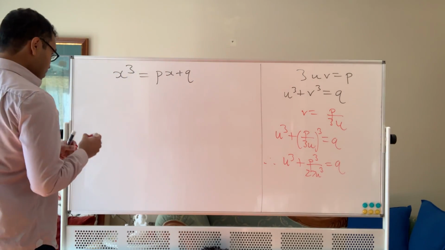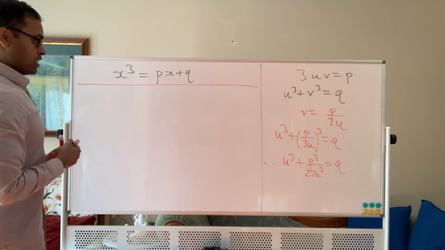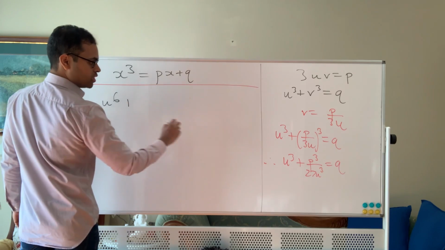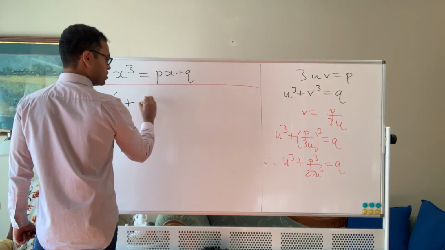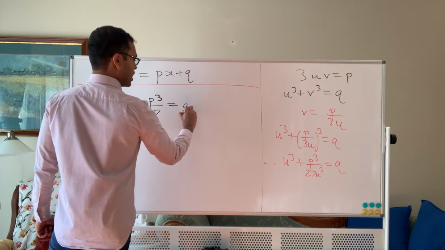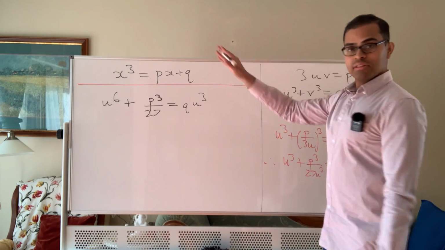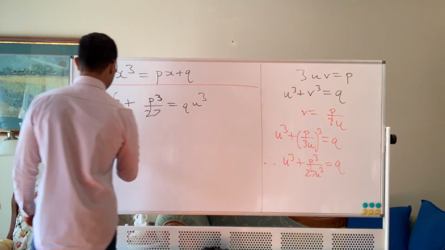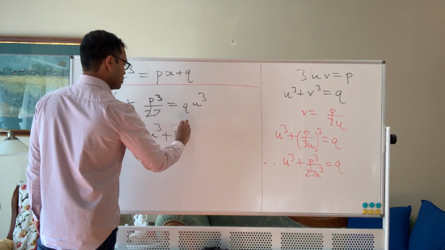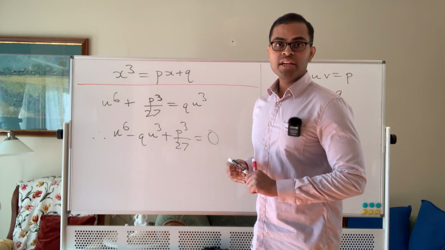We get u to the 6 plus p cubed over 27 is equal to q times u cubed. Putting everything to one side, we get u to the 6 minus q u cubed plus p cubed over 27 is equal to 0. This is going to be a 6th degree equation.